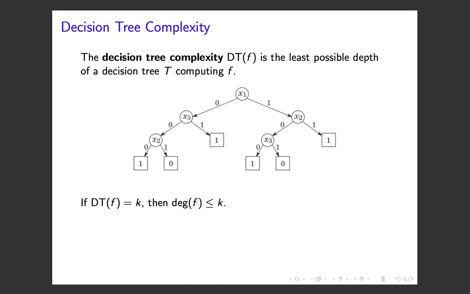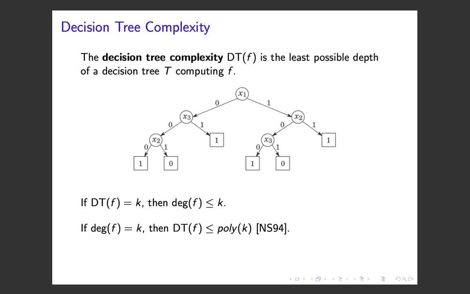Now let us compare and contrast decision tree complexity with degree. If I have decision tree complexity k, then it's an easy exercise to show that the Fourier complexity of f has to be less than or equal to k. The converse is a bit harder.